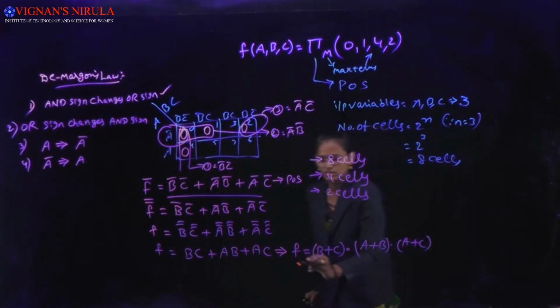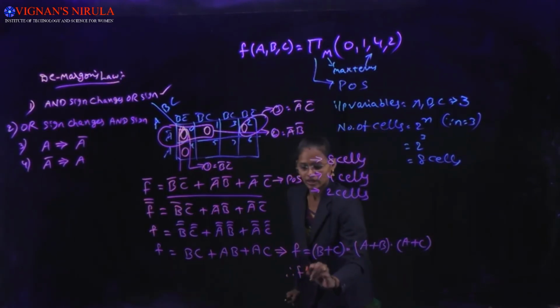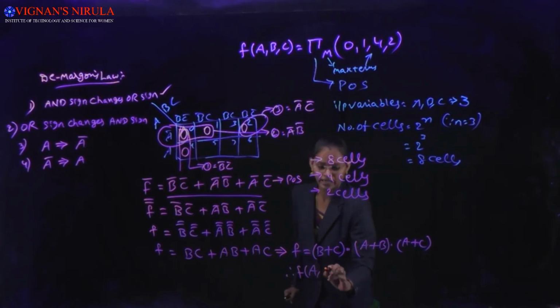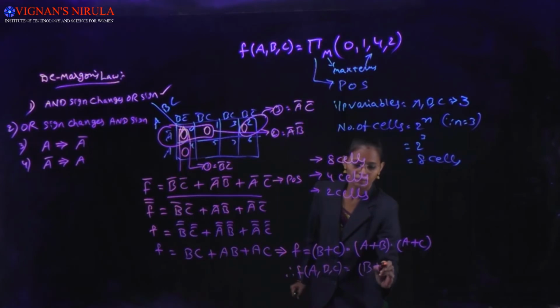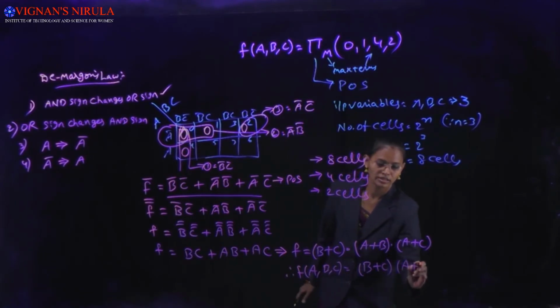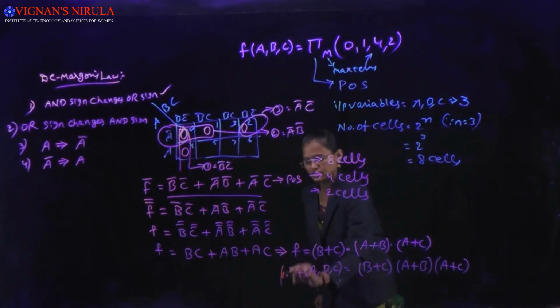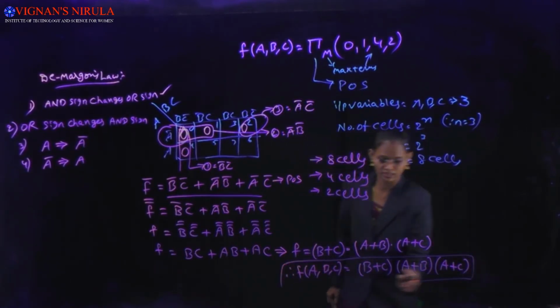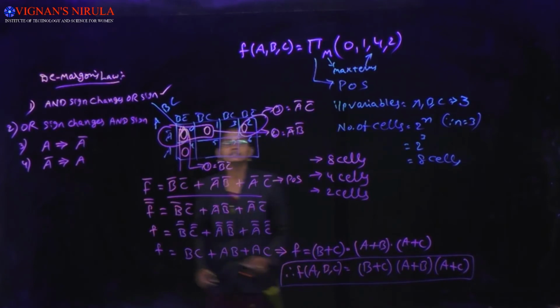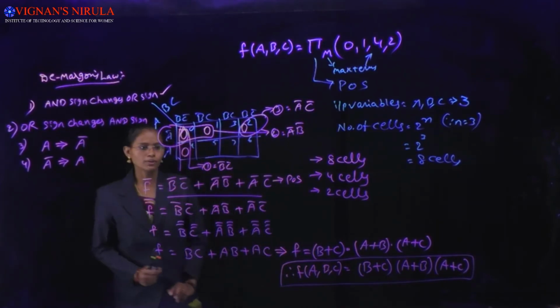Therefore f of A, B, C equals (B plus C)(A plus B)(A plus C). This is the final equation. Okay, this is the POS problem.